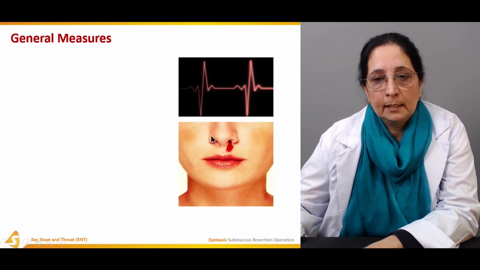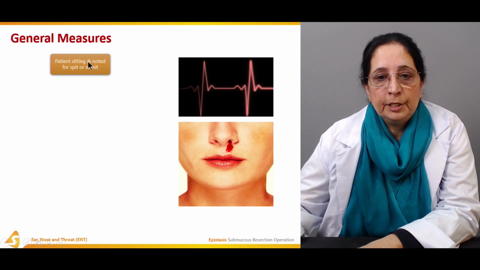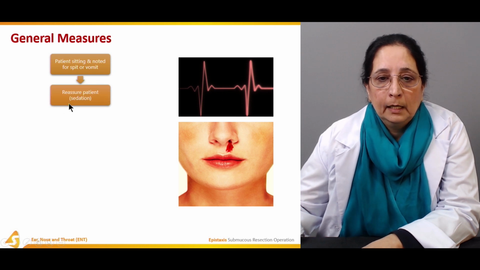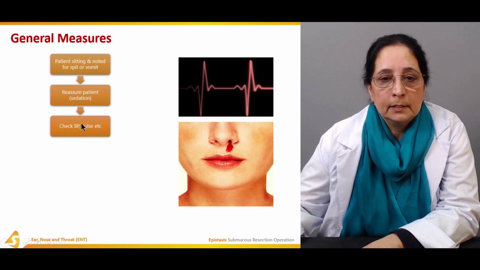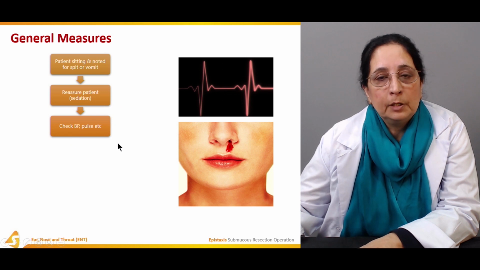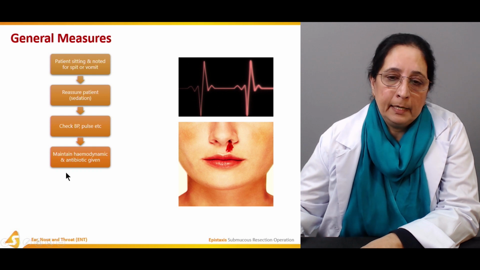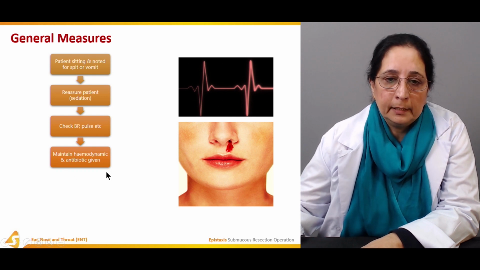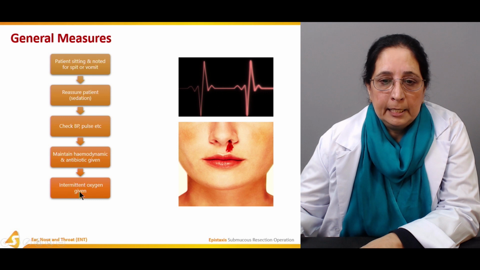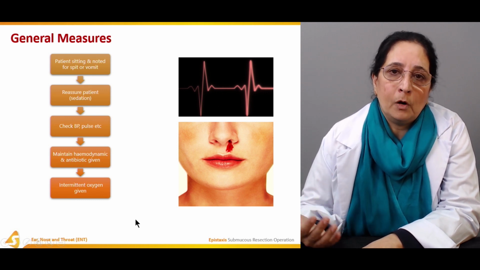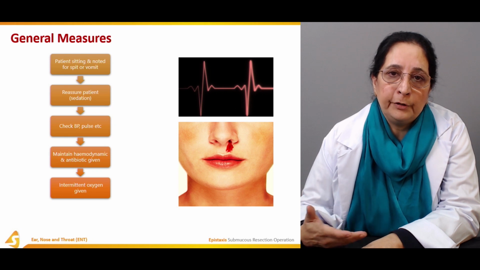General measures. Patient sitting and noted for spit or vomit. Reassure the patient. Check blood pressure, pulse, etc. Maintain hemodynamics and antibiotics given. Intermittent oxygen given. So all these general measures depend on how bad or profuse the bleeding is.